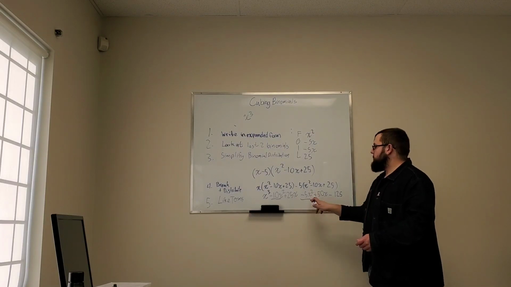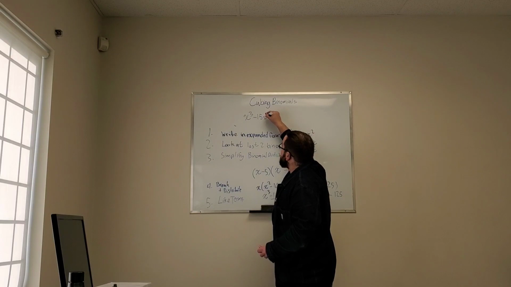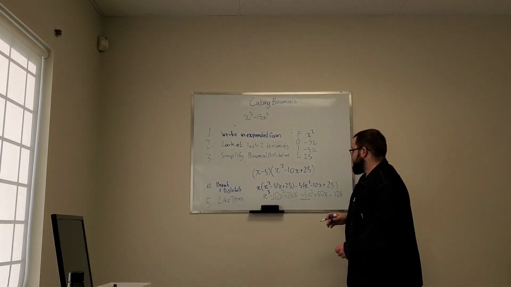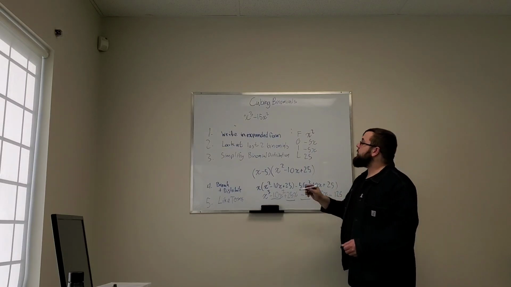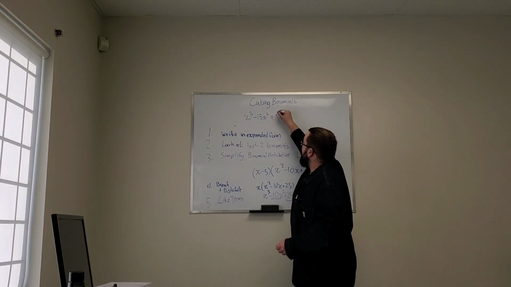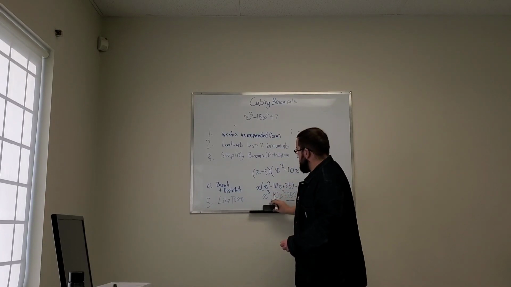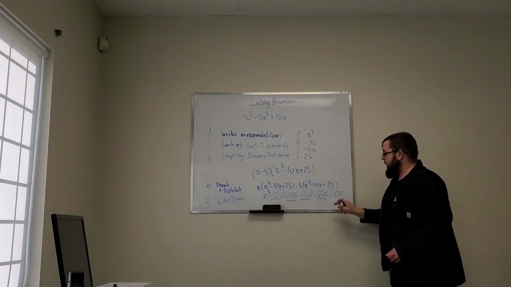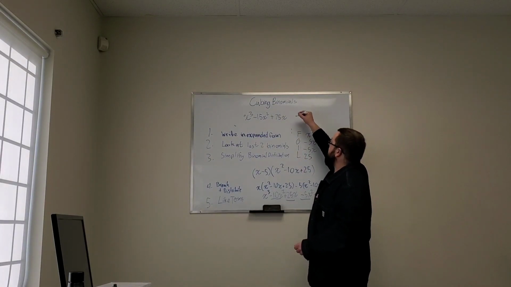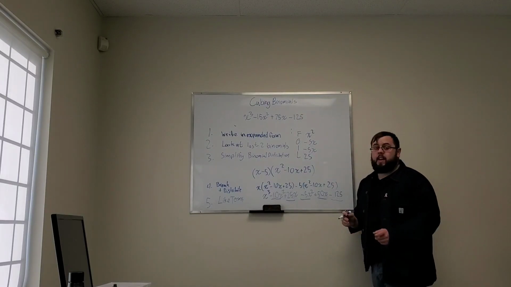Minus 10x squared minus 5x squared, that will give us minus 15x squared. Then we look, 25x and 50x, positive 75, 75x. And then we have the negative 125 by itself. And that is our final answer.